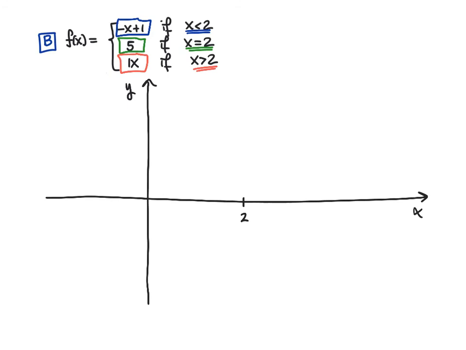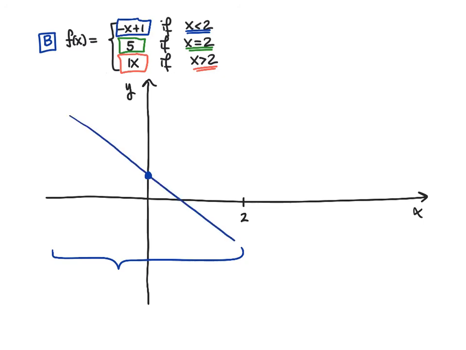Okay, so what we're going to do, for x less than 2, that means way over here, anything less than 2, it's going to be based on the blue function there. So you can go back to the algebra review for how to graph these things, but I'm going to graph that for you. I know the y-intercept is 1, and it's got a negative slope, so it's going to look like it's got a -1 slope.